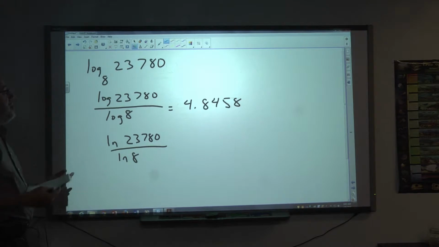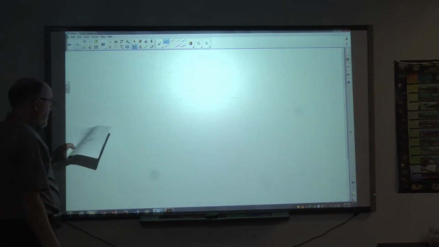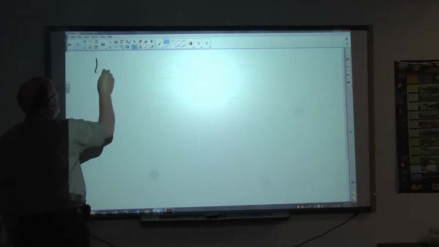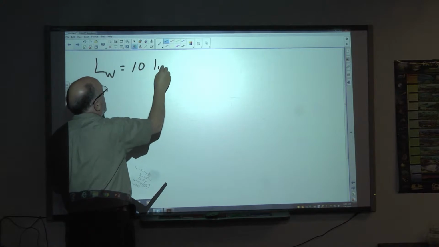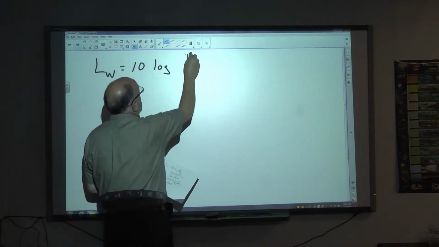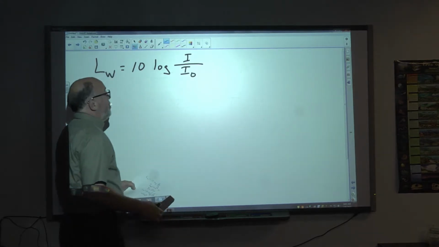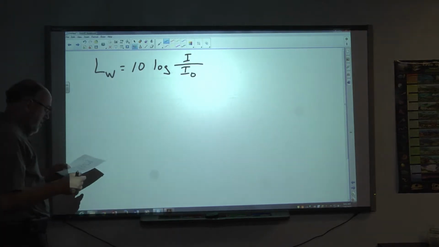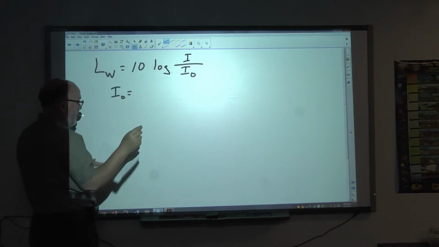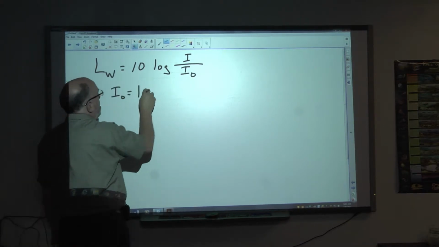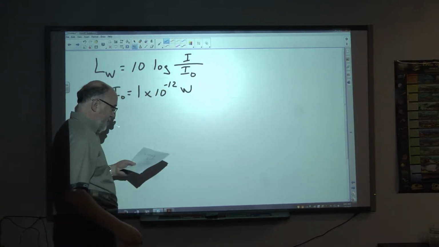Now, in terms of logarithmic equations, for example, you have this equation, which has to do with audio and decibel levels. I naught is the initial intensity, the threshold of hearing, which is 10 to the minus 12 watts.